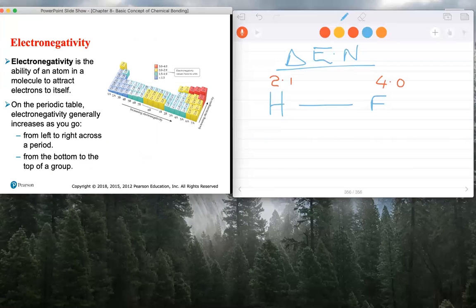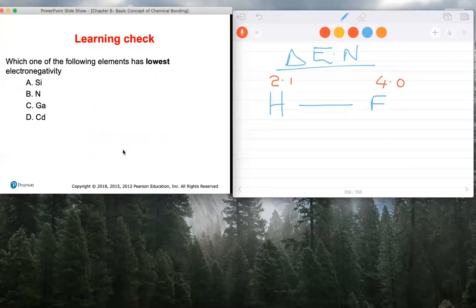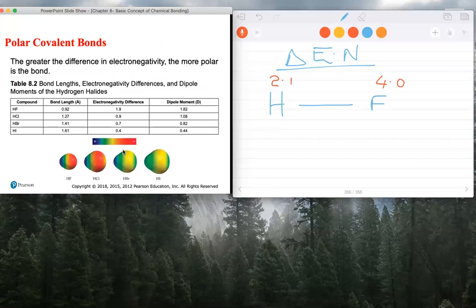To find the difference, it is 4.0 minus 2.1, and the change in electronegativity value is 1.9. The higher value minus the smaller value gives you the change in electronegativity.